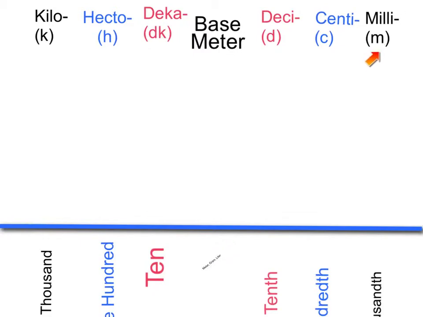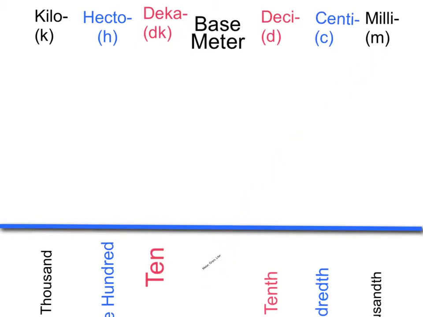Remember that a prefix never stands alone. So when you see just a single lowercase m on a worksheet, that's indicating meters. If it was millimeters, it would be lowercase m, lowercase m. So just watch out for those. Know the difference between deca and deci and their abbreviations, and know that a single lowercase m by itself is for meters, and it would be 2 lowercase m's for millimeters.